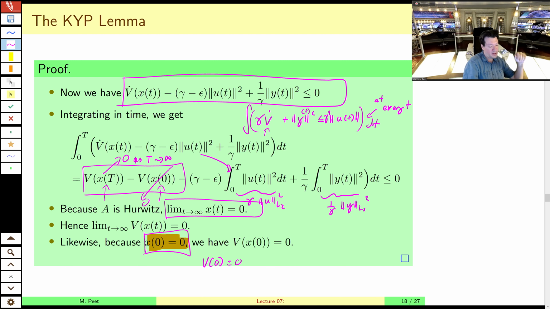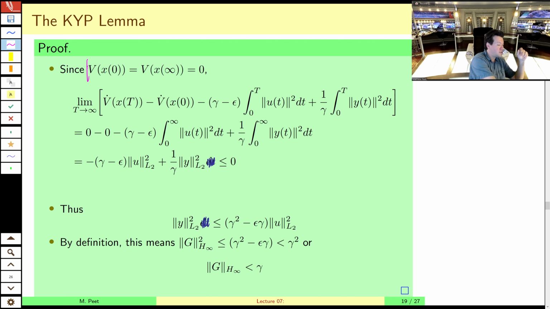Remember, it was x transpose x. Well, maybe I should have chosen p. But anyway, if this is 0, it's 0. So straightforward. In fact, we don't need it to approach 0, because then it just makes the inequality stricter.